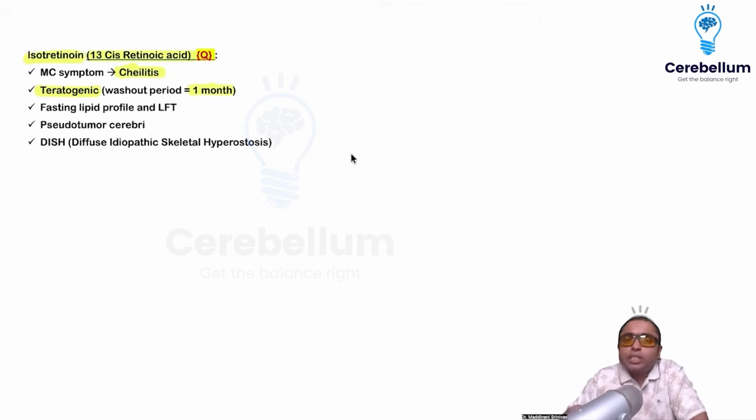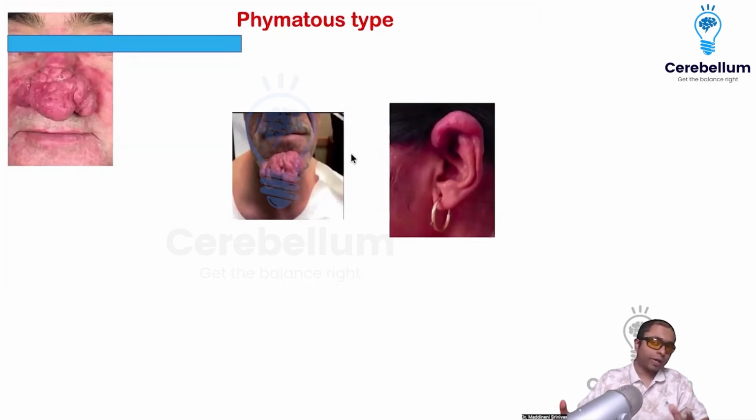The female patient should not conceive, otherwise there will be teratogenicity. This is also going to derange the lipids, so a fasting lipid profile and liver function test must be done prior to starting isotretinoin. The rest are adverse effects of isotretinoin, not very important.